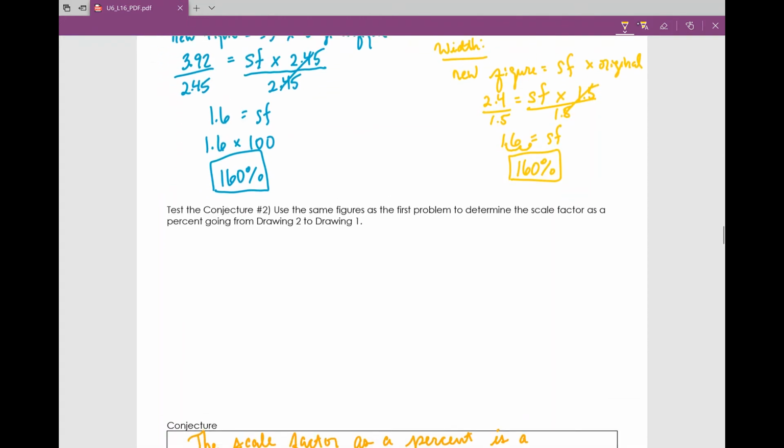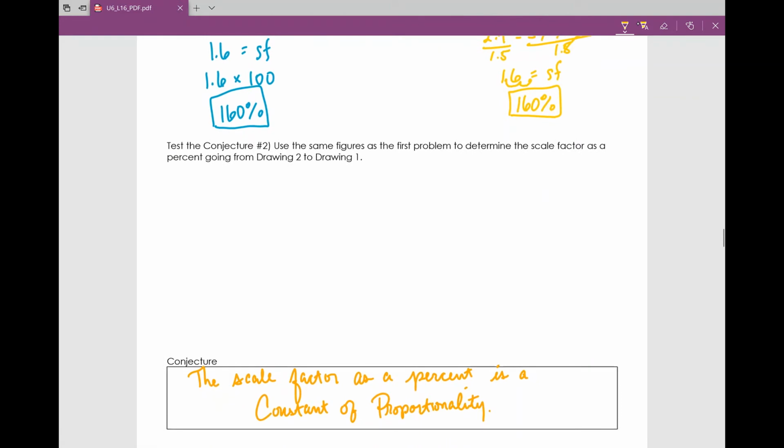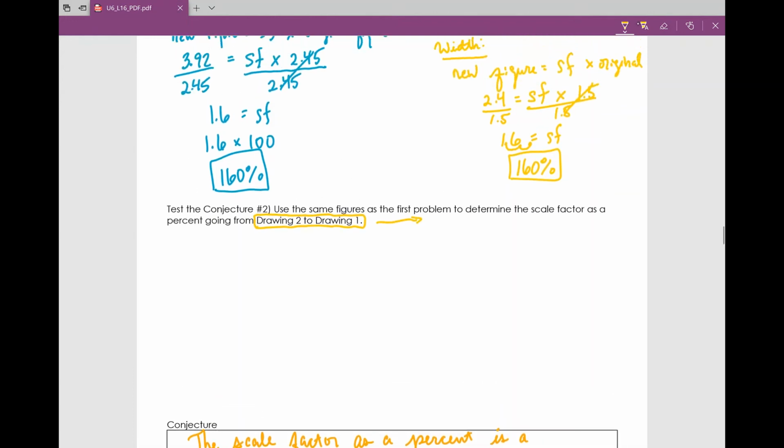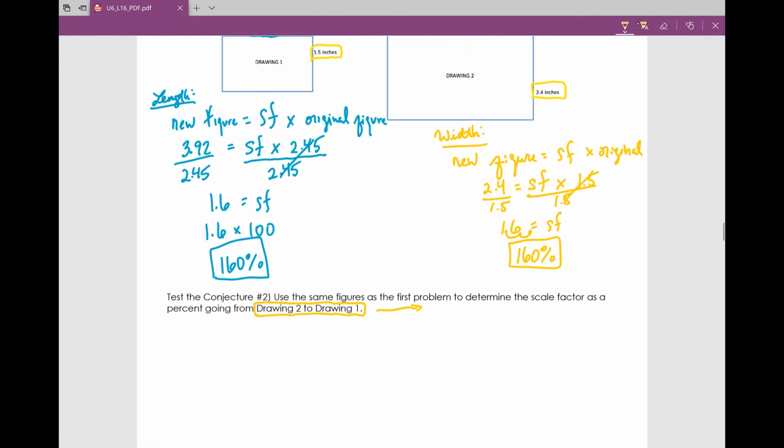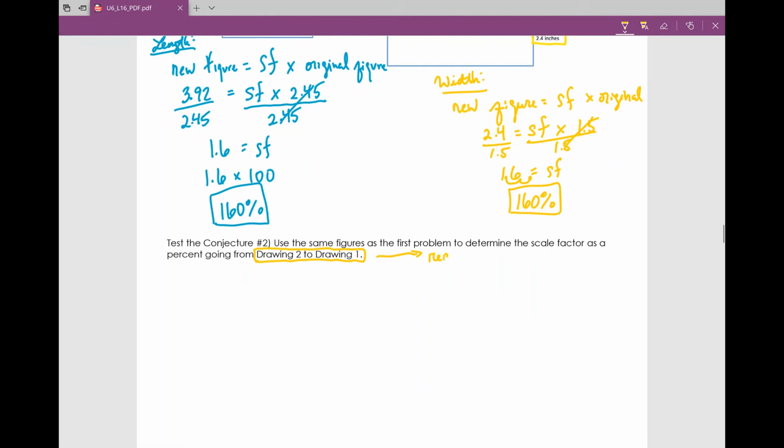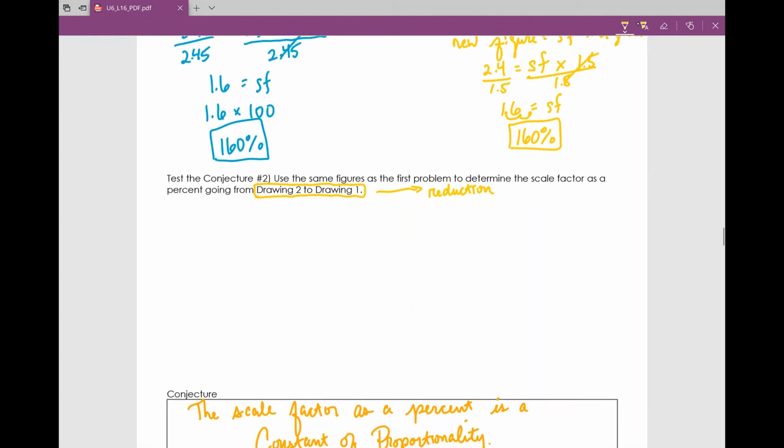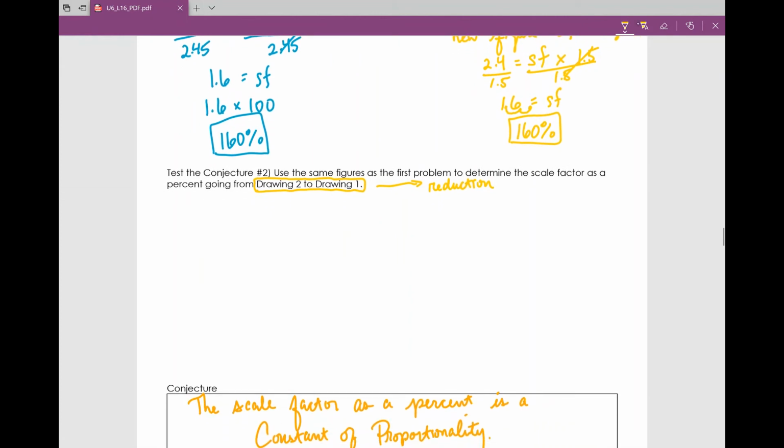Let's check out testing conjecture number 2 now. It says use the same figure as the first problem to determine the scale factor as a percent going from drawing 2 to drawing 1. So going the opposite way would be a reduction. And we know for a reduction, the scale factor as a percent is going to be less than 100%.